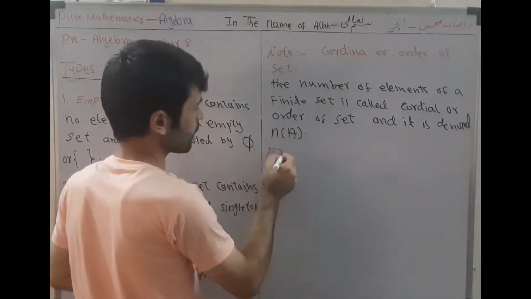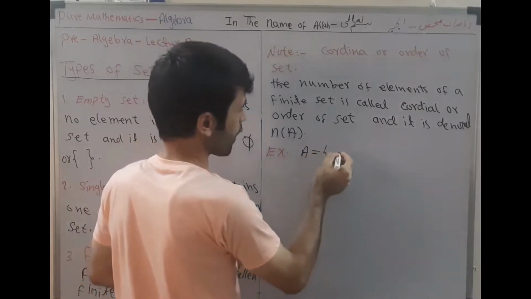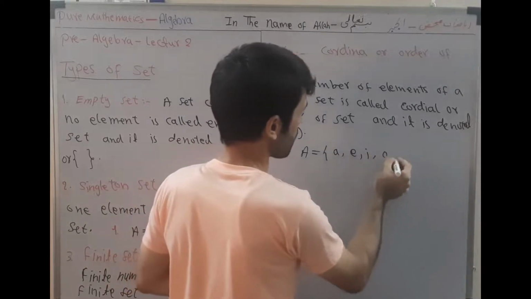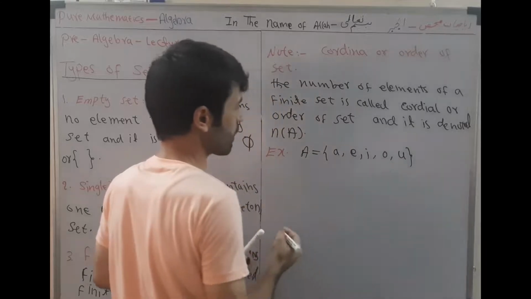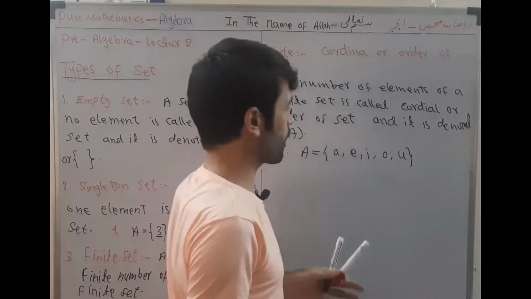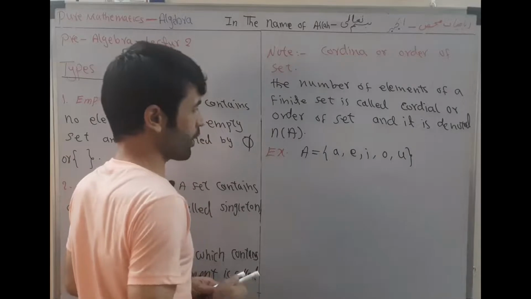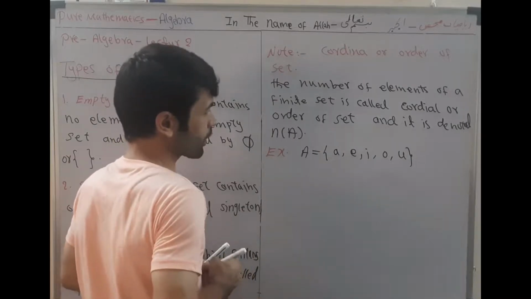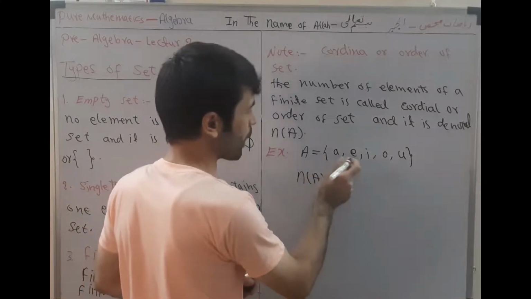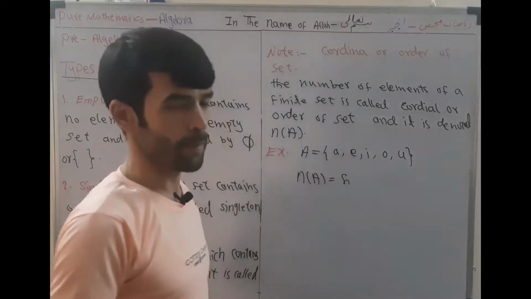Example, A is equal to {A, E, I, O, U}. It is the set of vowel letters. Actually it is a finite set because it has 5 elements. The number of elements is finite. So here the cardinal of this set, or order of this set, n(A) is 5. And A is equal to {1, 2, 3, 4, 5}. It has 5 elements. Cardinal of this set is 5.